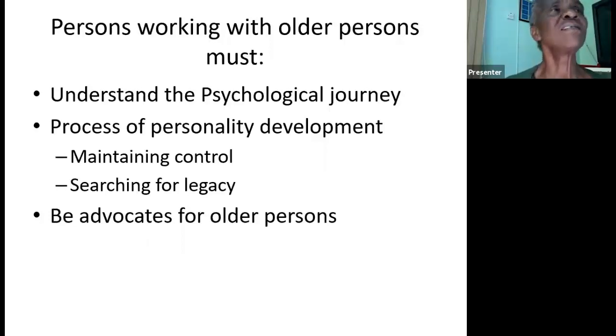And he is concerned that while we see a lot in the literature about the developmental stages until we get to old age, there is not much written after that.